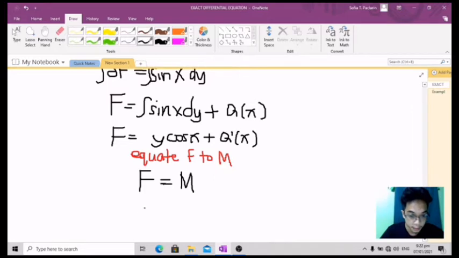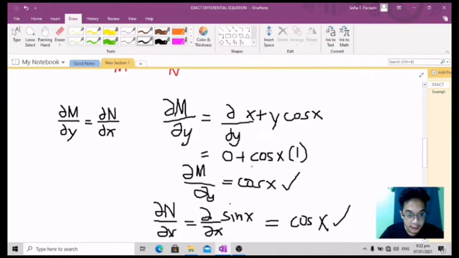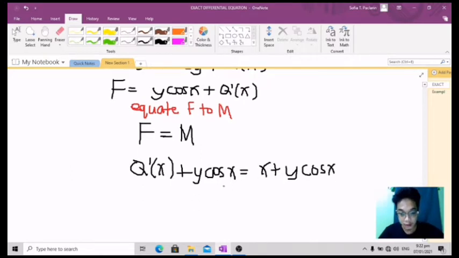The solution f, q1 of x plus y cosine x is equals to m, x plus y cosine x. So in this equation, we can now cancel y cosine x.